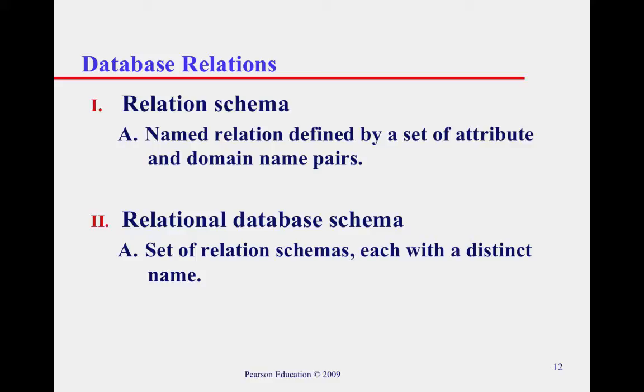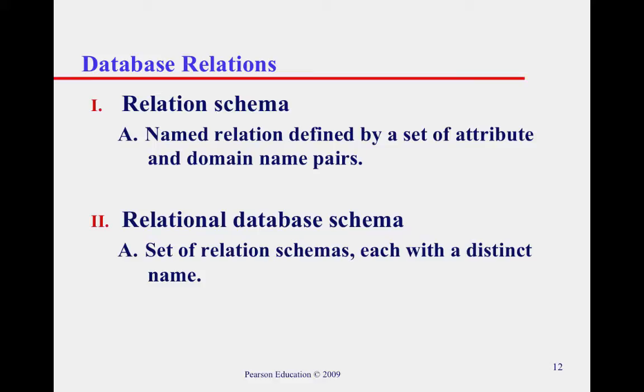And so we call a relation a concrete manifestation of something. We talk about a schema as being a named relation that is defined by a set of attribute and domain name pairs.